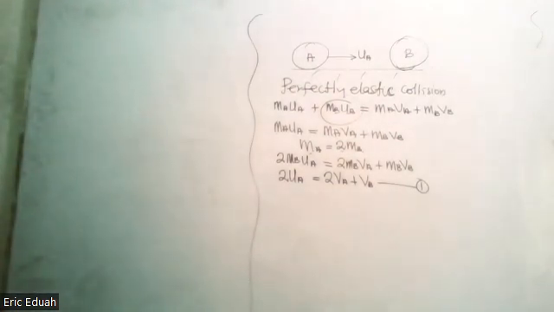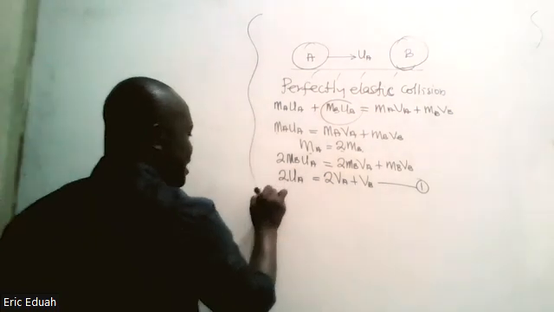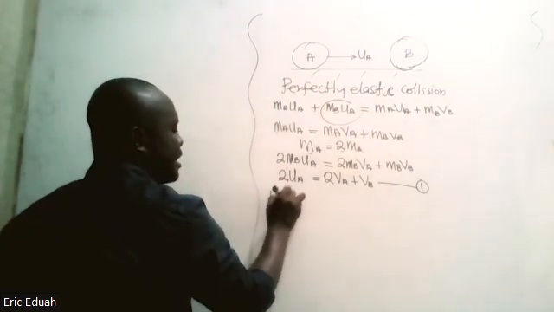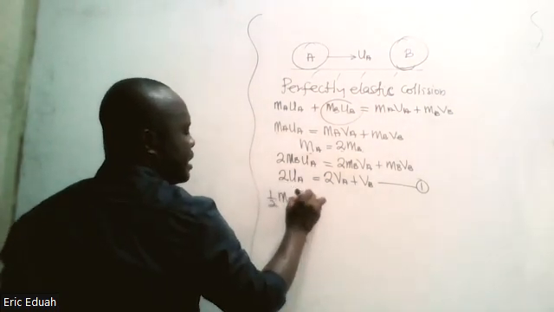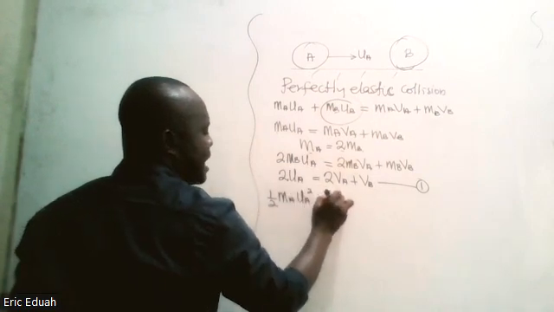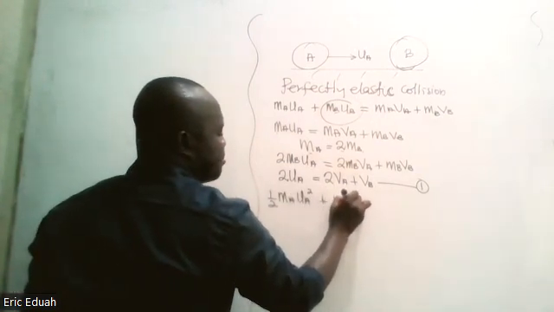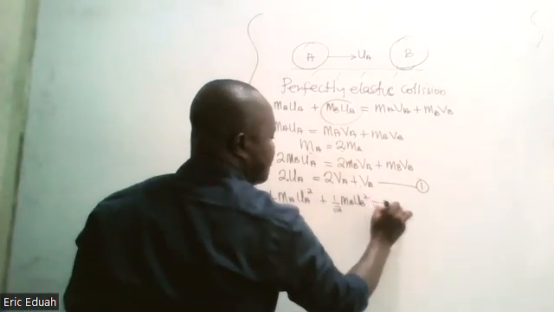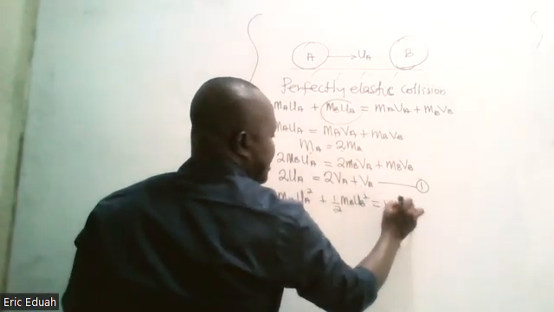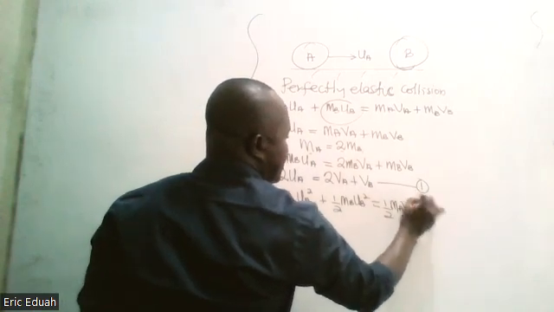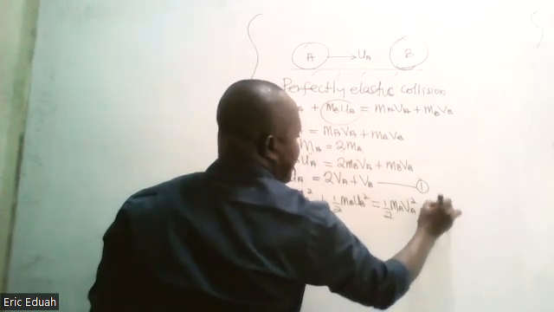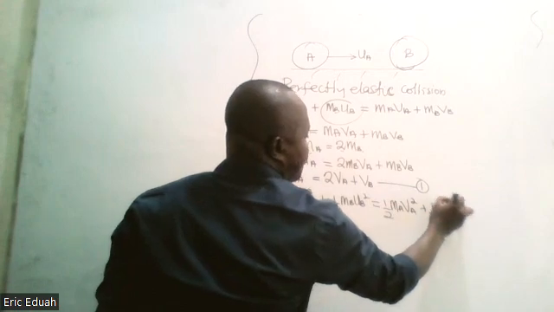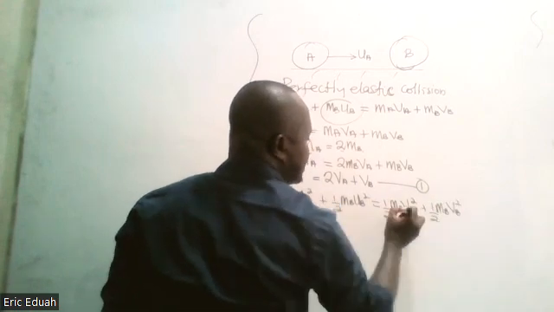Once kinetic energy is conserved, half MA UA squared plus half MB UB squared is equal to half MA VA squared plus half MB VB squared.